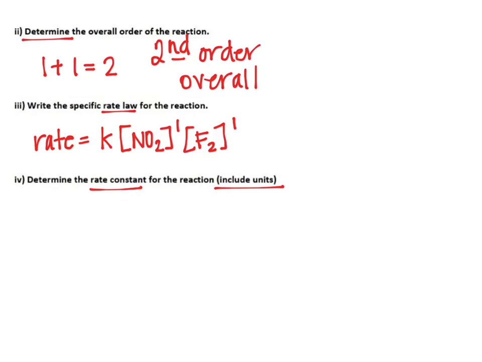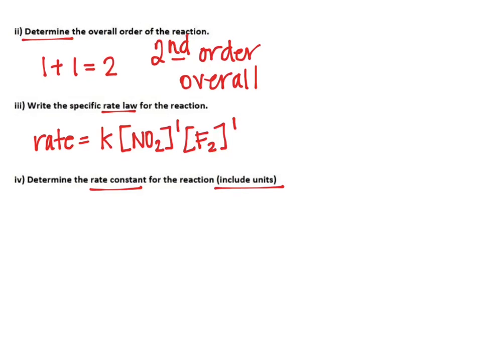So if you go back to our data on the last page, you see that we have 3 data points, 3 experiments. You can use any of those experiments to solve for K. But I will tell you that the AP readers use the very first experiment when they are doing their rubric. So I would use the first one every time.